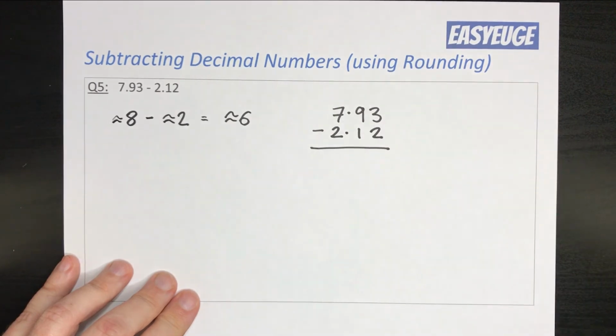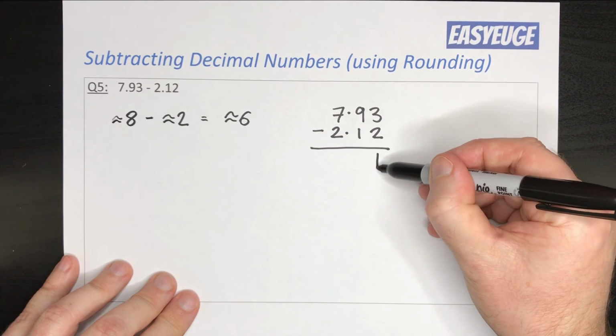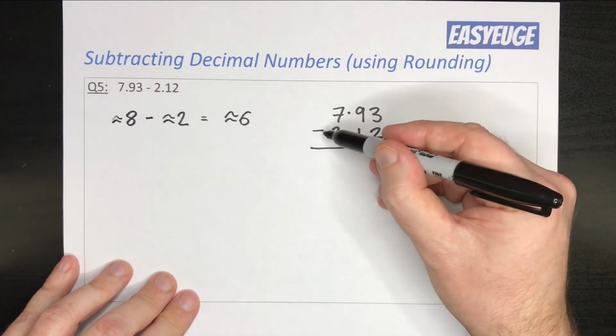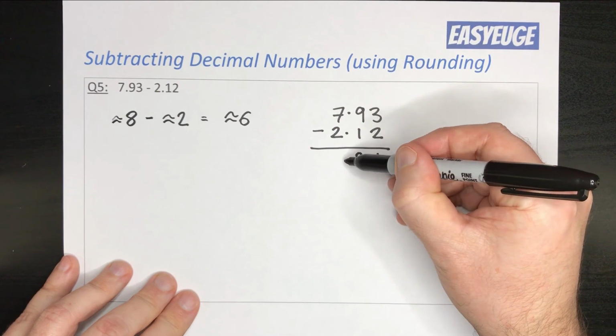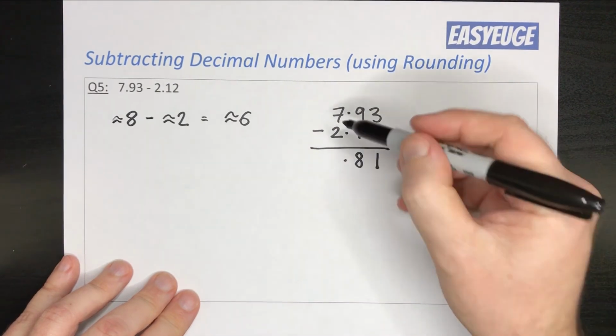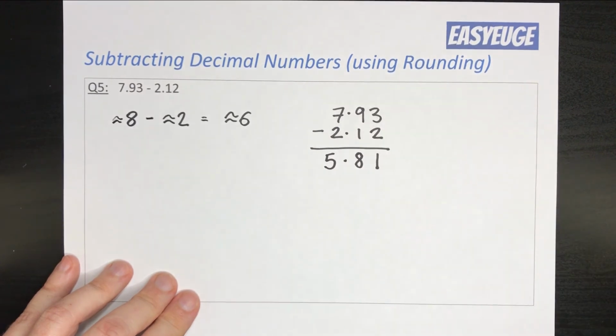Keep them in a straight line to keep your decimal place value correct. And we'll go straight ahead and subtract. 3 take away 2 is 1. 9 take away 1 is 8. The decimal points just move straight down. 7 take away 2 is 5.